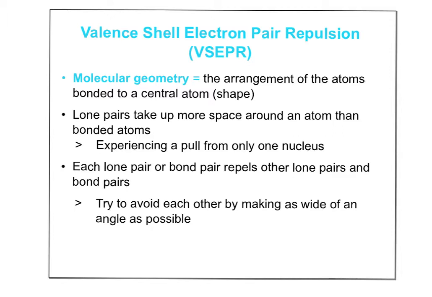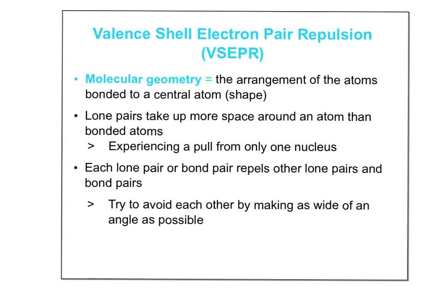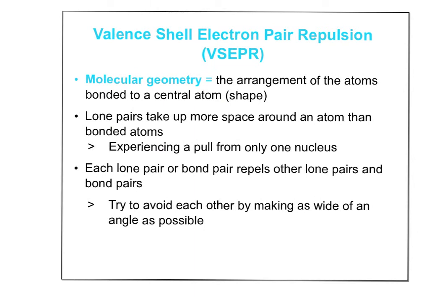If you hear me say molecular geometry or VSEPR geometry, I'm talking about the way the atoms are arranged around a central atom. What we need to know is that lone pairs, so these are electron pairs on that central atom, or whatever atom we're focusing on, take up more space than another bonded atom.